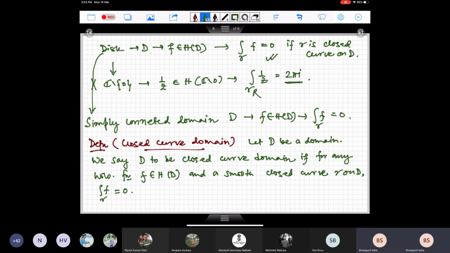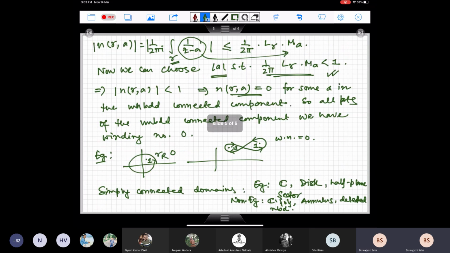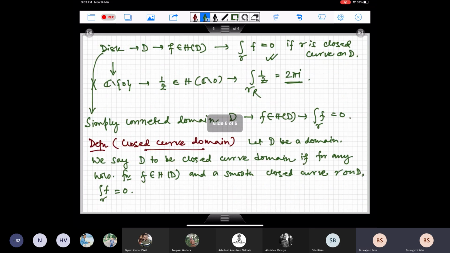I have given you examples already, and those same things apply: C, disk, half plane, sector, strip.